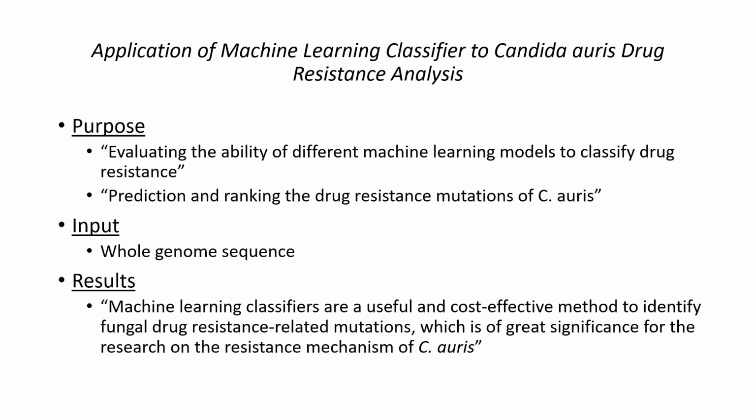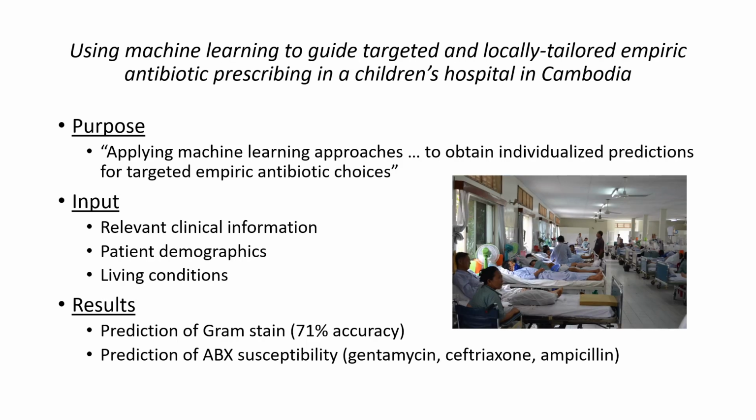The researchers concluded that machine learning classifiers are a useful and cost-effective way to identify fungal drug resistance-related mutations in Candida auris. Machine learning has also been used to guide empiric therapy in Cambodia, which is a low-income country where invasive bacterial infections cause high rates of mortality. Researchers developed a model that used 35 independent variables as input, which included relevant clinical information, demographics, and information about an individual's living conditions.